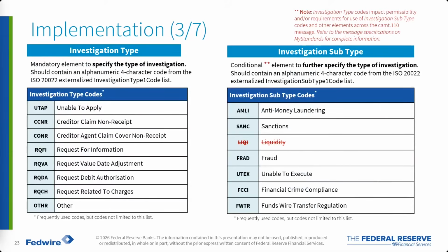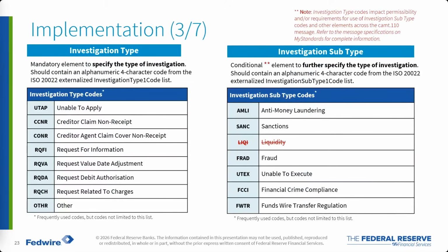Investigation type and investigation subtype. As I mentioned, these are not really changing, but we did notice that one of the investigation subtype codes that you see on screen in red, liquidity, has been removed from the externalized code lists. So that code is no longer to be used. I do want to draw your attention to the top corner note.